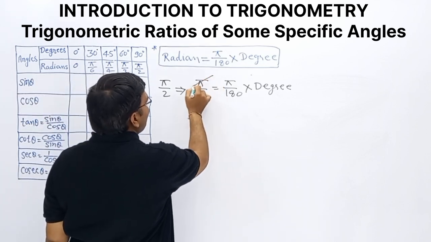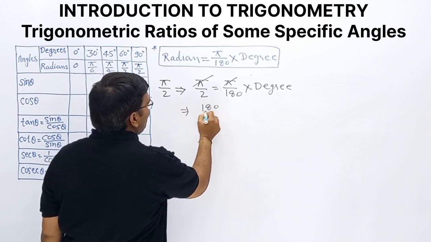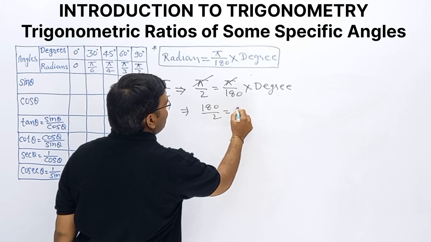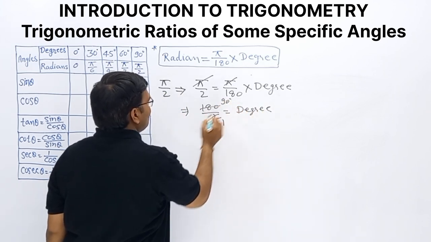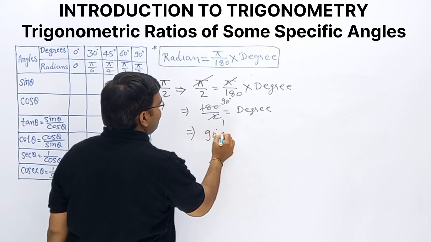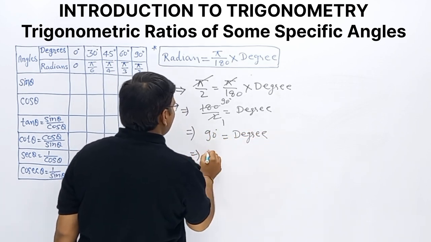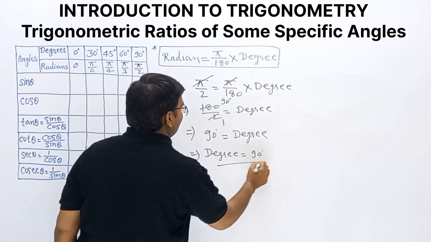Once we solve, pi and pi cancel. Then 180 upon 2 is multiplied by this one. So 180 upon 2 equals degree. So what degree? One time 90. So we are getting 90 degree. We can write the degree of pi by 2 will be 90.